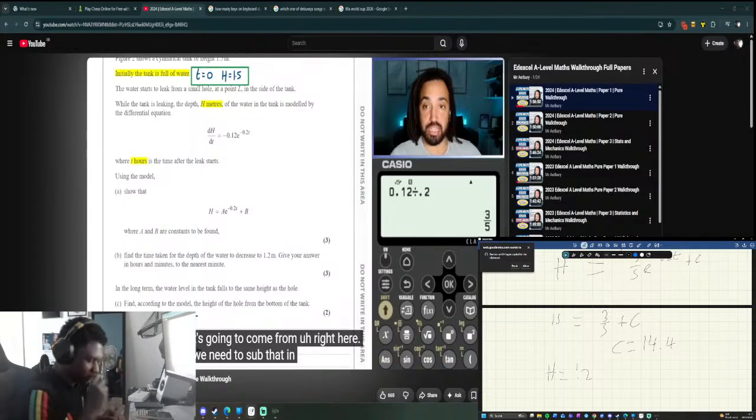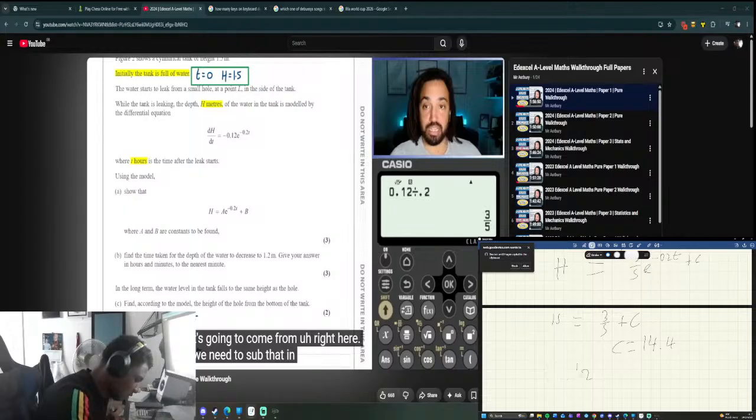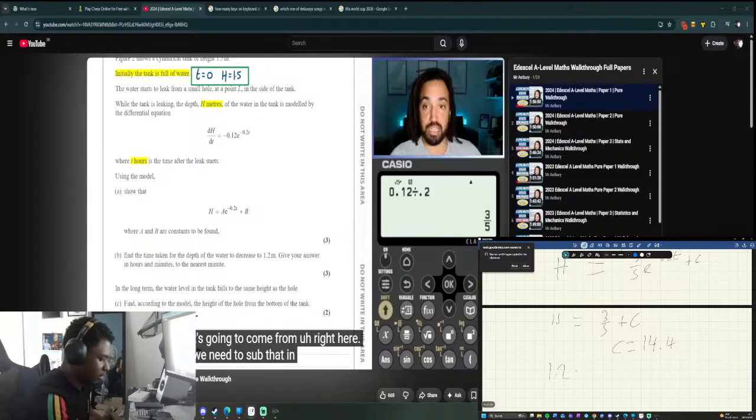We can just do 1.2 equals 3/5 e to the minus 0.2 t plus 14.4.